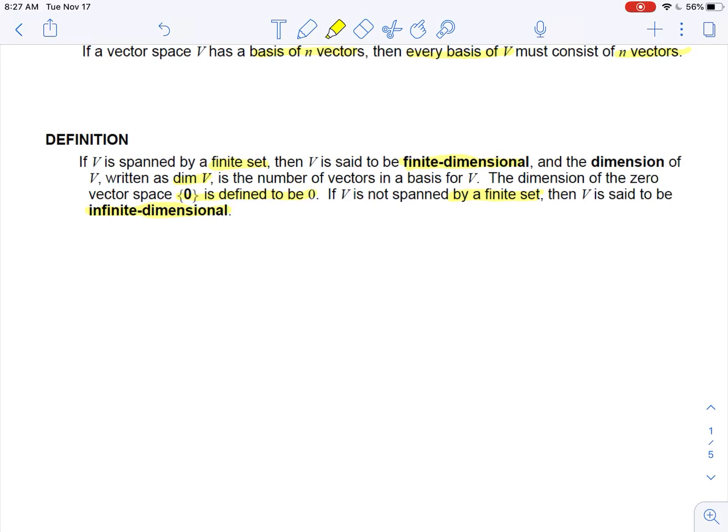Well, let's consider something that maybe we don't have a ton of experience with: the vector space of all polynomials over the real numbers. So if we're talking about the set of polynomial functions, this is a vector space, but it's not generated by a finite set. Meaning, let's think about what the functions would look like. So f of n based off of some input x is defined as x to the n.